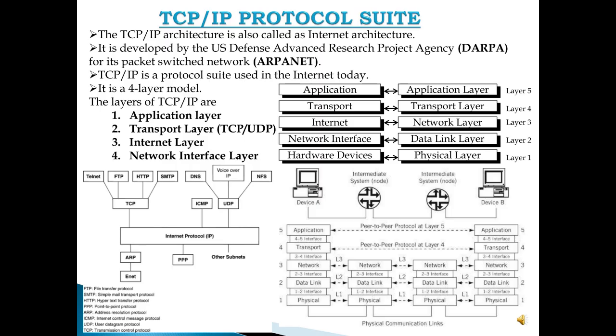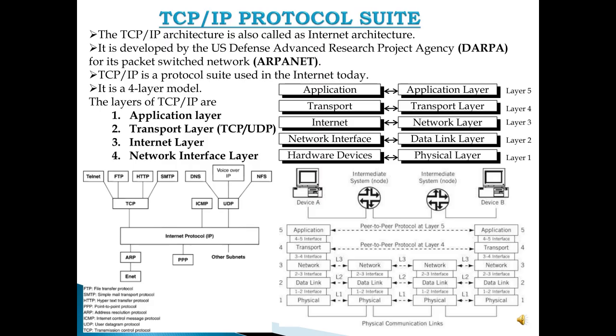TCP/IP protocol suite. So the TCP/IP architecture is also called the Internet architecture. It is developed by the US Defense Advanced Research Projects Agency, that is DARPA, for its packet switched network called ARPANET.